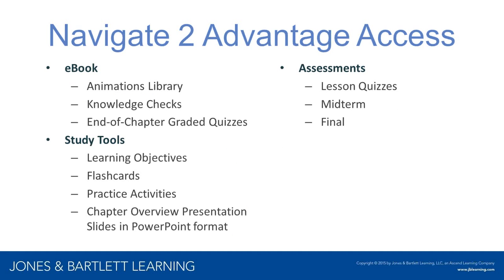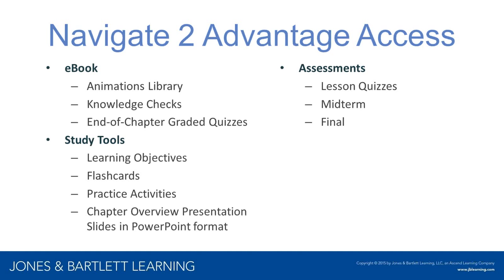Different portions of the Navigate 2 Advantage access include a complete ebook. For this text, there are some animations included that show blood flow and fluid flow through the body. Along in the ebook, as the student progresses through the chapters, there are knowledge checks that pop up where they can answer a question on something they've just read. This will help with some retention and comprehension.